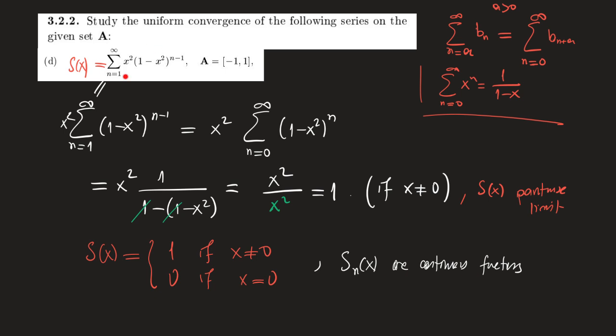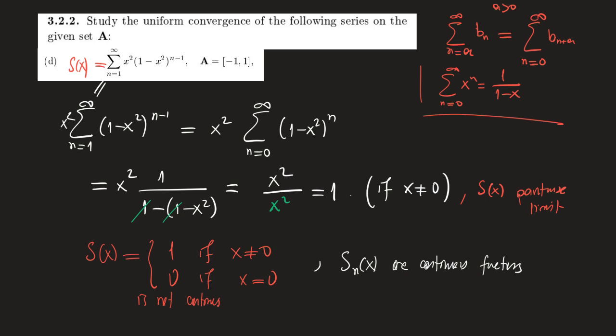So it gives you the sequence of functions, right? But as you can see, this whole thing, x square times 1 minus x square to the power n minus 1, they are all continuous functions. If you sum them finitely many times, you will also end up with a continuous function, right? Because the summation of two continuous functions is again continuous. So the partial sums are continuous, but the pointwise limit is not continuous.